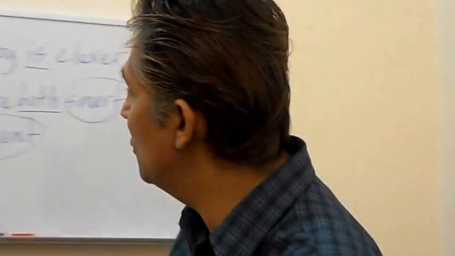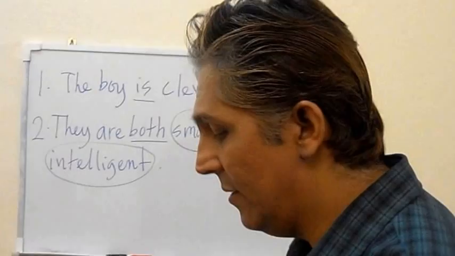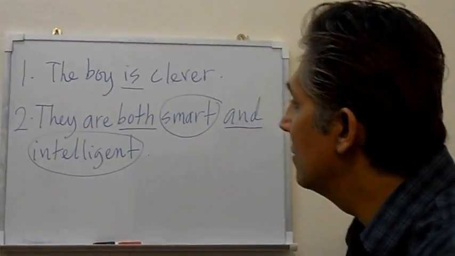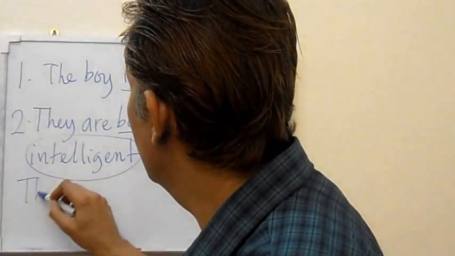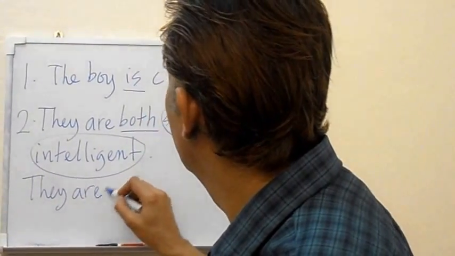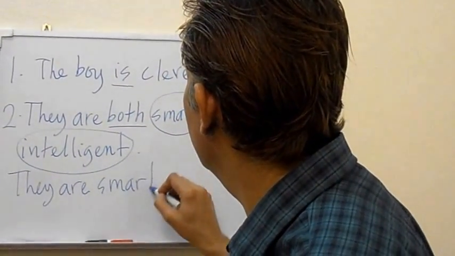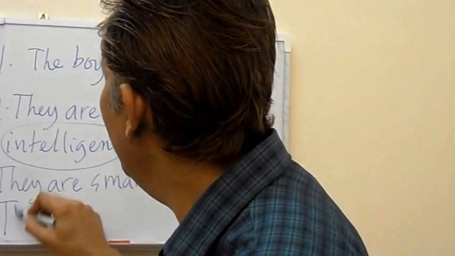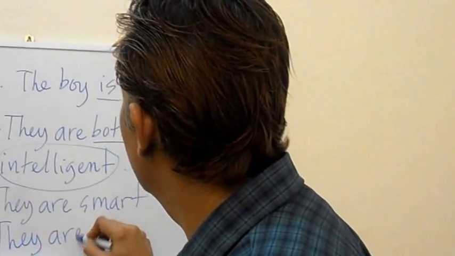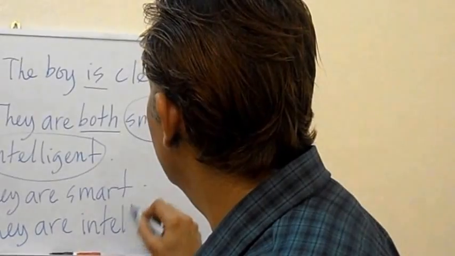They are a combination of two sentences joined together as one. The two sentences are: they are smart, the first sentence; they are intelligent, the second sentence.